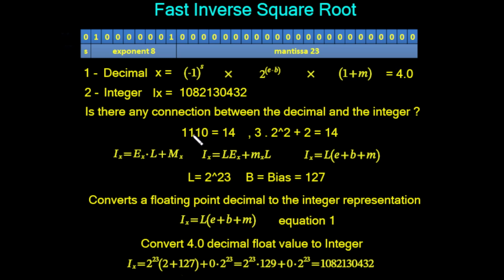So although we interpreted it here in the exponent as just the number 3, that position is actually position number 4. So if we take the 3 and multiply it by 2 to the power of 2 and then add the 2, we get a value of 14. So we can interpret this in this form.